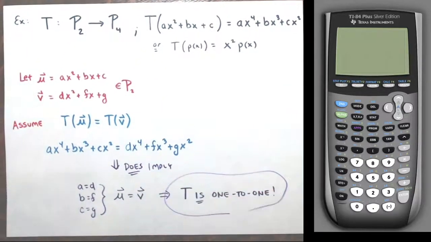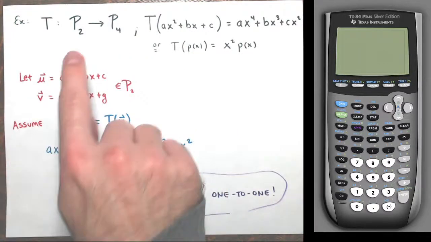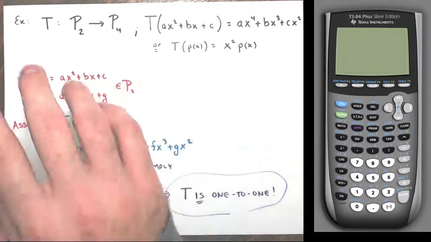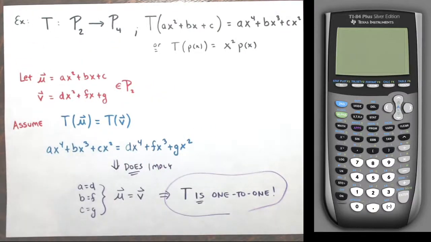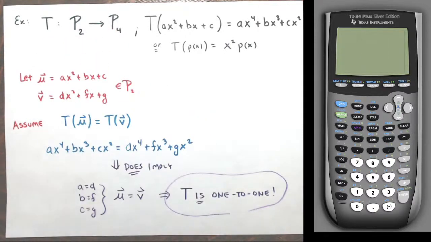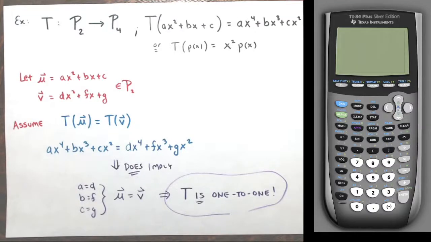All right, my final example is, again, just a repeat. We saw this one earlier. This is a linear transformation, again from P2 to P4 now. So what I'm going to do is use coordinates instead. We're going to look at the coordinate vectors of inputs and outputs with respect to the standard bases for P2 and P4, and set this up in a way that's similar to going between R3 and R5, because remember, P2 and P4 are 3-dimensional and 5-dimensional vector spaces.